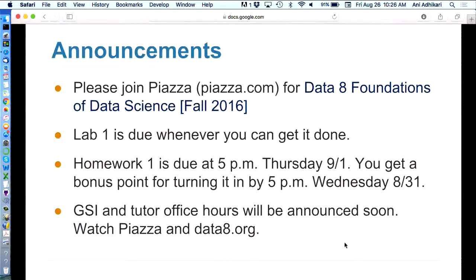There's a homework that will come alive sometime this evening on this week's portion of data8.org. With it, there will be some tips for how to get access. You click on the link and you ought to get access, but you saw yesterday, do you enter your CalNet ID before you go to data8.org or after? So we'll try it out in several different ways, and we'll write you some tips for getting on, and then there will, of course, be Piazza and office hours in case all of that fails for you.